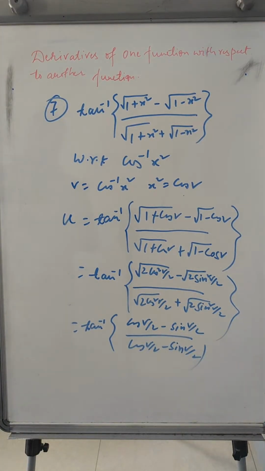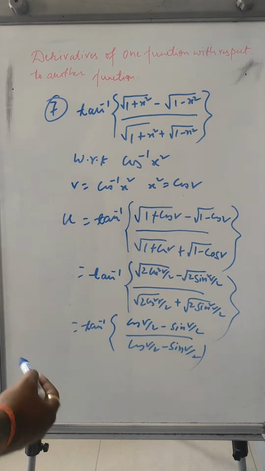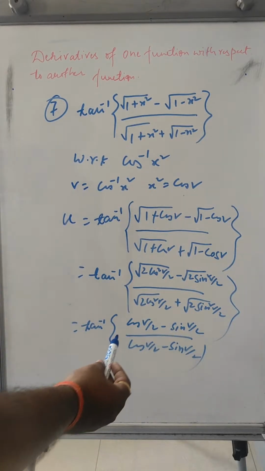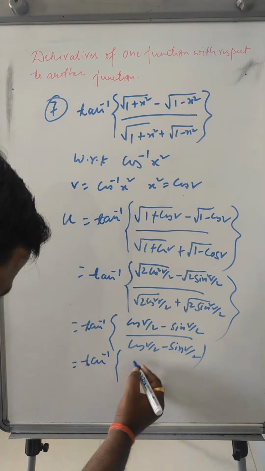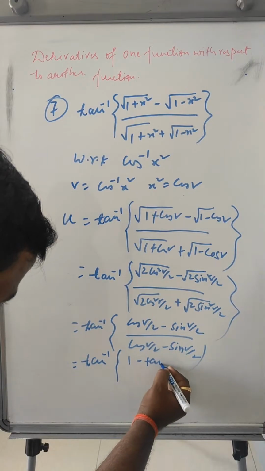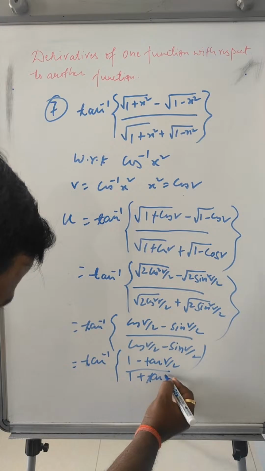Got it? Now if you divide the numerator and denominator by cos v by 2, it will be like this: tan inverse of 1 minus tan v by 2 over 1 plus tan v by 2.